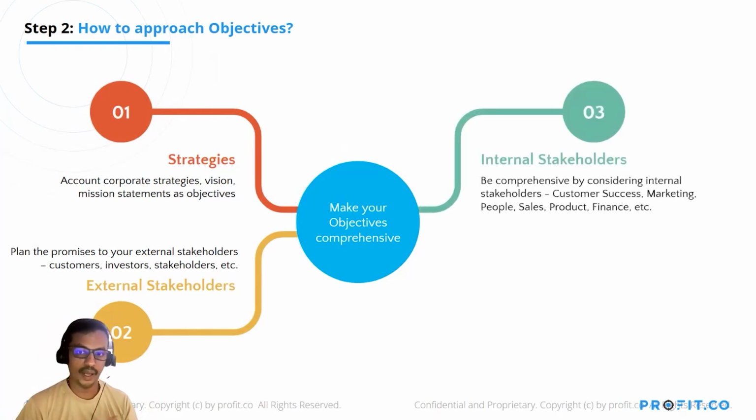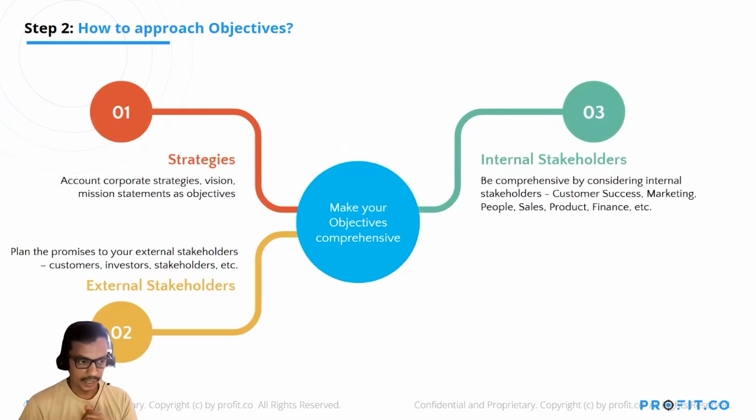Most importantly, when you're planning your OKRs, you are going to account for all the functions within your organization. That is all the business units in your organization. If you have a customer success department, a marketing department, and a sales department, you will account for all the departments of your organization to align or contribute towards your strategic priorities, which is the third most important thing.